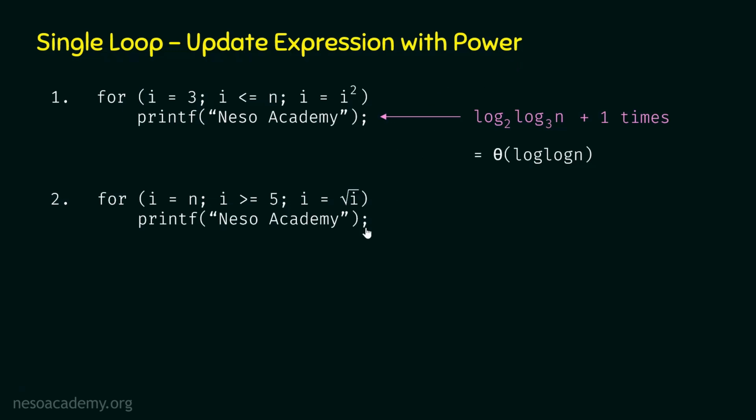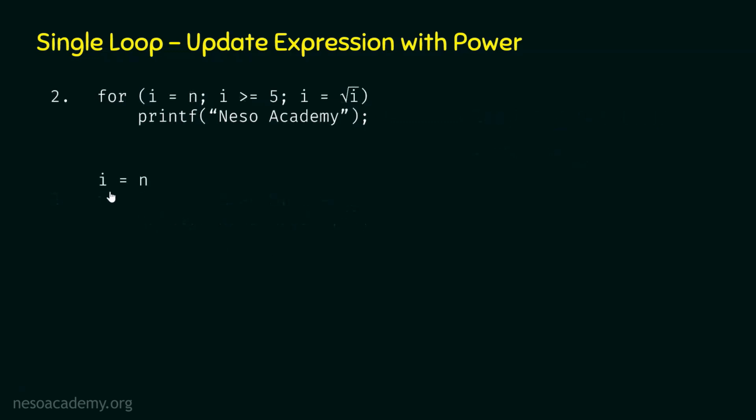Now let's determine the time complexity of this loop. In order to find the time complexity of this loop, we will follow the same process. We will analyze each iteration of this loop, and this means we will analyze each value of I in each iteration. Let's do this. In the first iteration, we have I equal to n. In the second iteration, we will have n power 1 by 2. So in the second iteration, the value of I is n power 1 by 2.